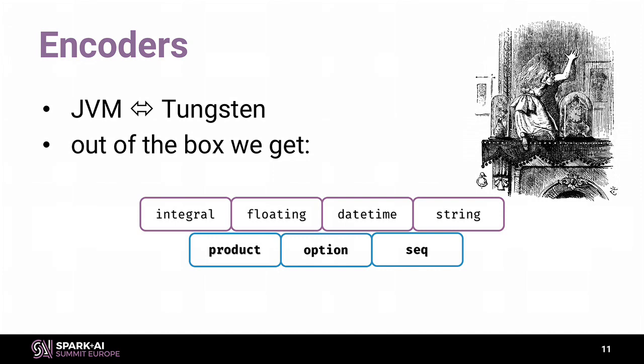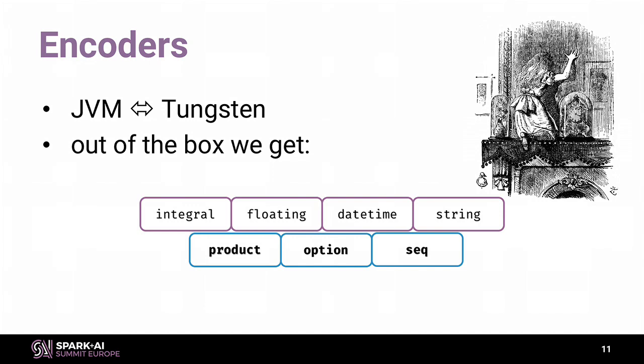The set of types that are supported are the ones that have encoders defined. These encoders define the behavior of shifting between the JVM and the Tungsten realm, and they are strictly required to have a dataset of T, whether you are using lambdas or not.